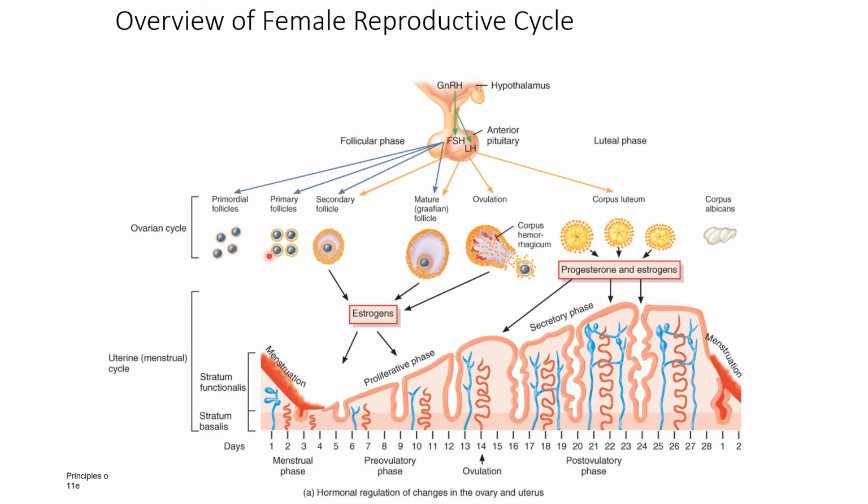They grow into primary follicles, and usually only one secondary follicle keeps on growing all the way to the stage of Graafian follicle. The size of the Graafian follicle can fill out 10% of the volume of the ovary, so we're talking about a huge structure here. And again, the follicular phase of the ovary is dominated by follicle development, mostly under the direction of FSH, and in later stages, luteinizing hormone LH will contribute more and more.